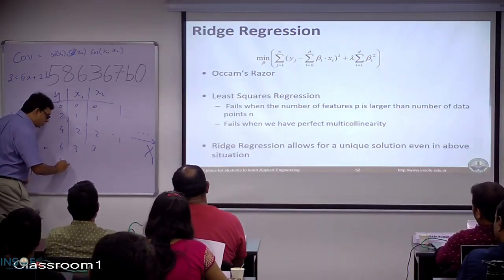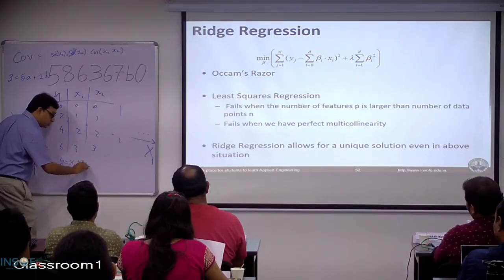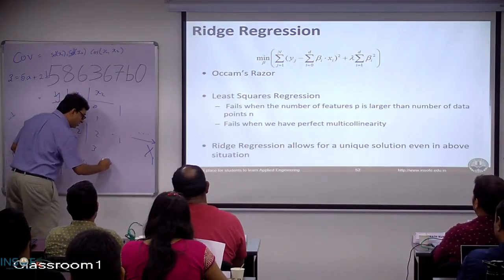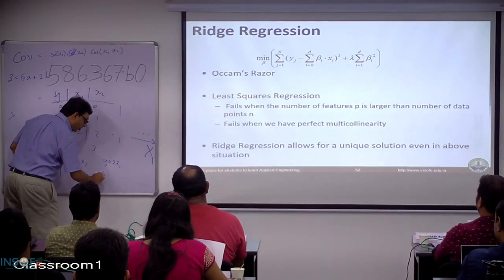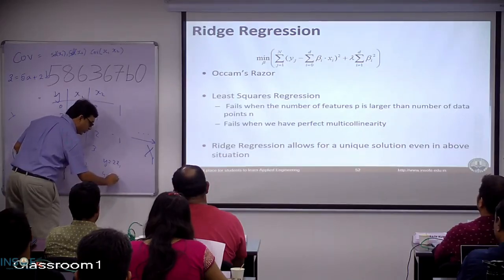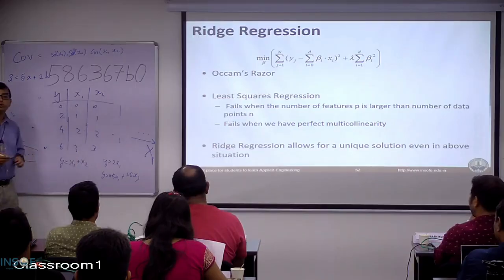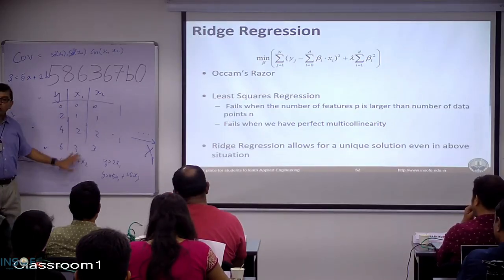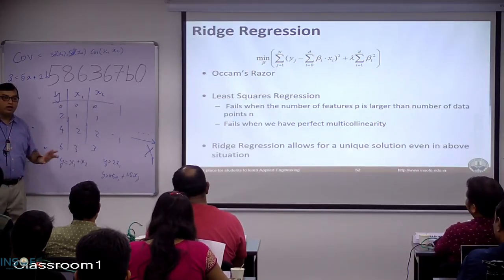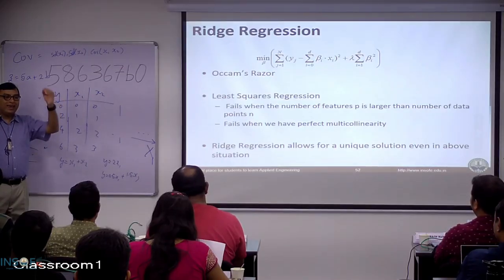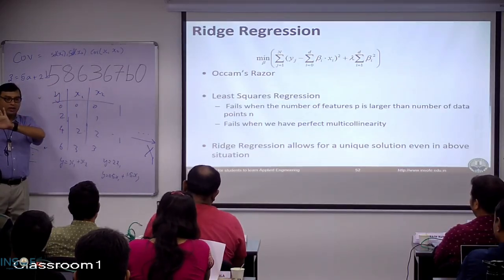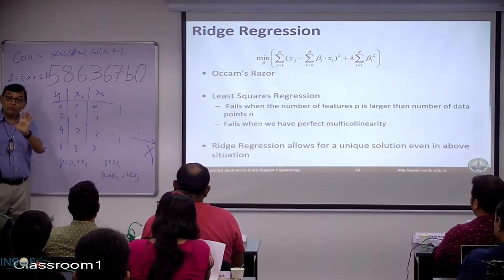We talked about this. It can be y is x1 plus x2, or y is equal to 2x1, or y equals 0.5 x1 plus 1.5 x2. Any of those are possible solutions. When you have perfect collinearity, linear regression will fail and you get a slope of NA. All the slope coefficients will be NA. Linear regression fails in perfect multicollinearity.